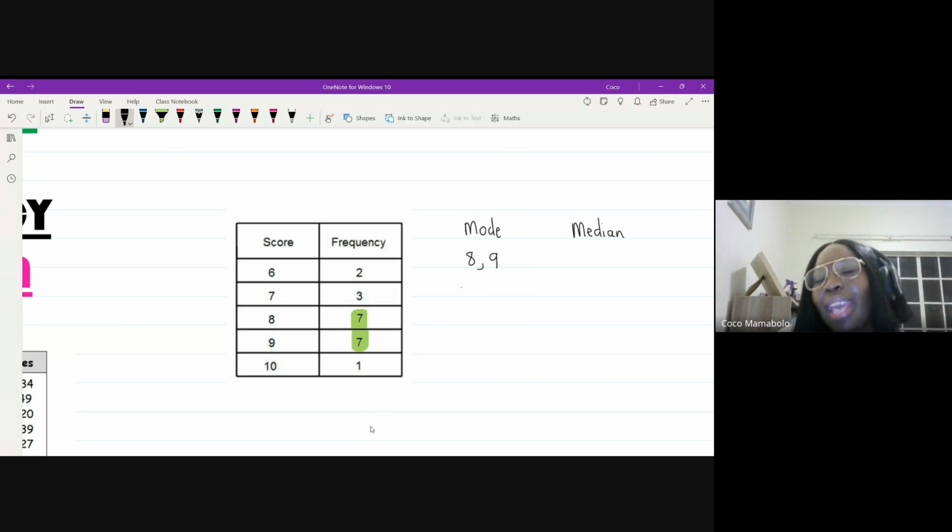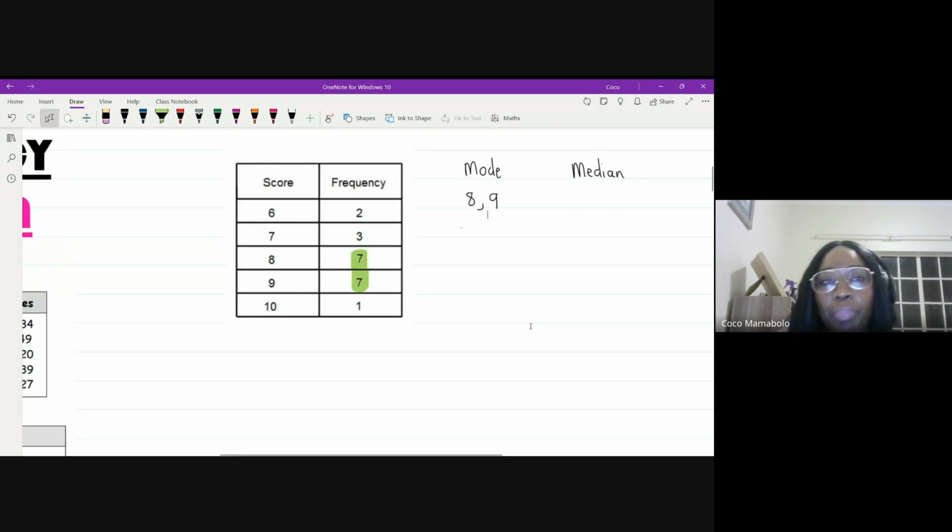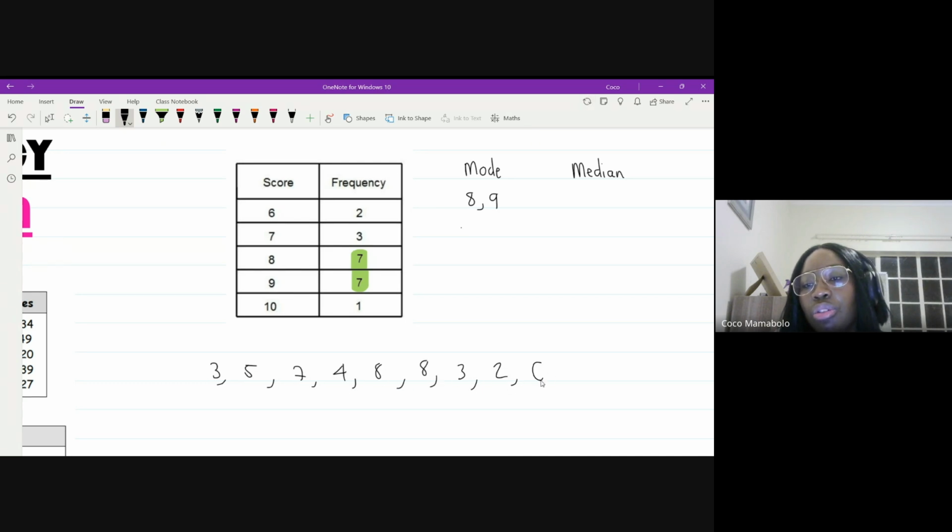Now, if we had to find the median, I'm going to go about this in a bit of a roundabout way. Let's say I give you a couple of values: 3, 5, 7, 4, 8, 8, 3, 2, 6, 5, 9, 8, 12.